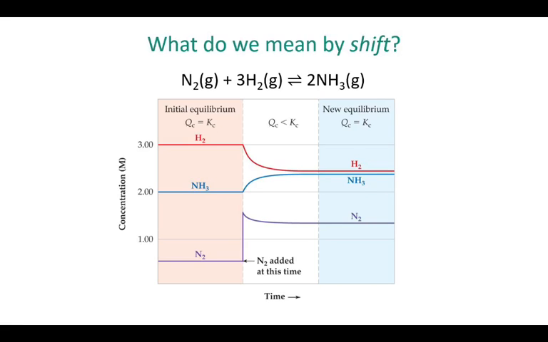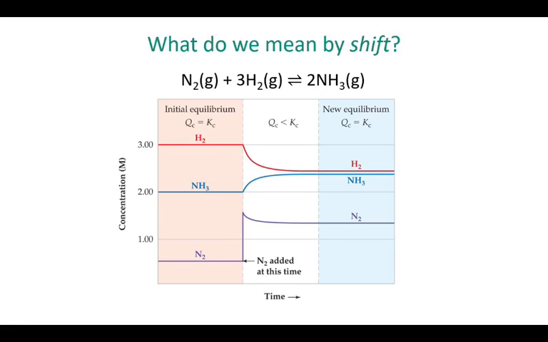So in this graph, we can see concentration as a function of time. And so we see that in the early part, the system is in equilibrium where there's some amount of H2 and some amount of NH3 and some amount of N2. And so if we add additional N2, a reactant, in order for the system to get back to equilibrium, we need to move toward the products because compared to equilibrium, we now have too many reactants.